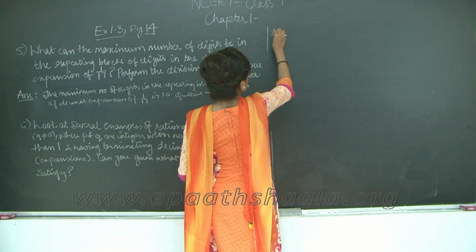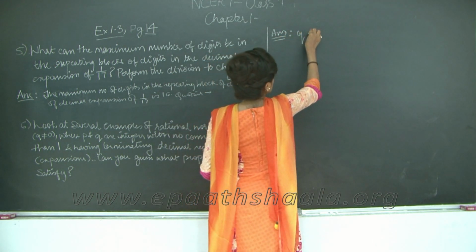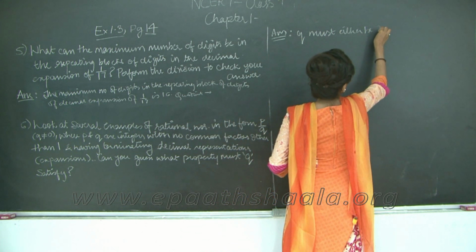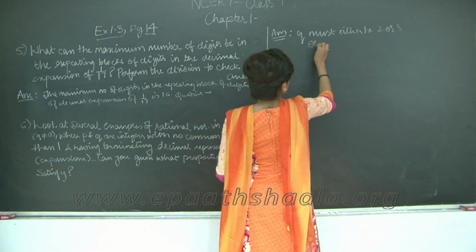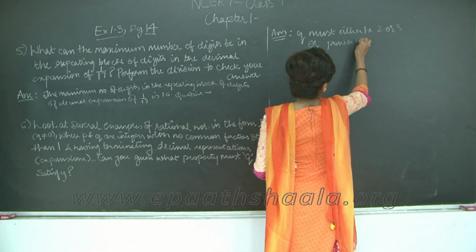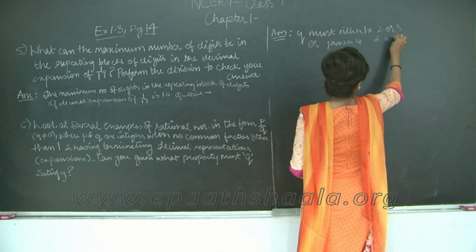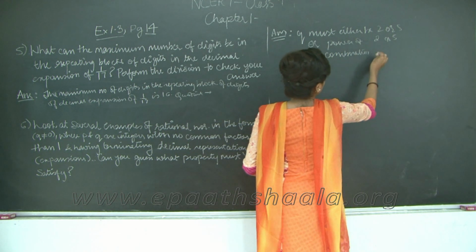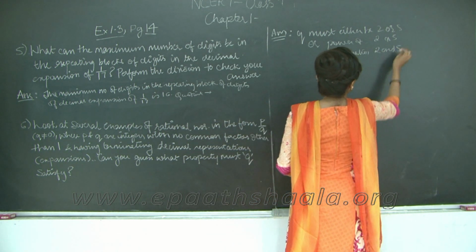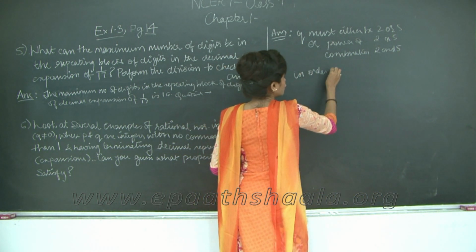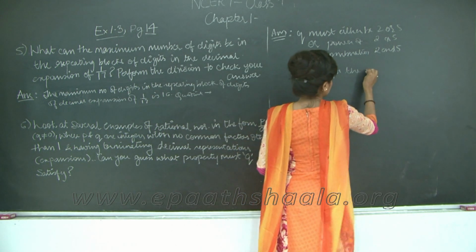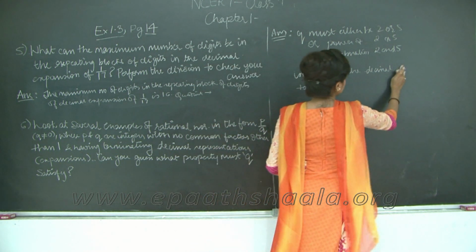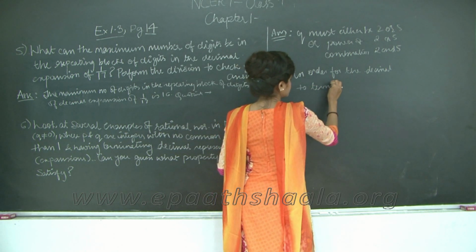So answer, Q must either be 2 or 5 or power of 2 or 5 or combination of 2 and 5 in order for the decimal to terminate, right?